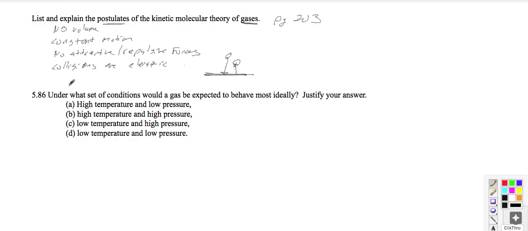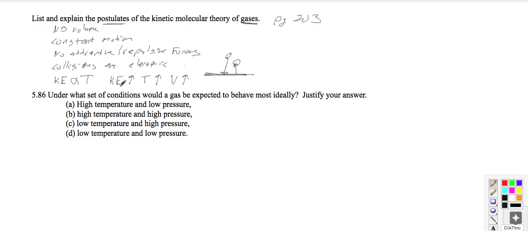All right, and the last one is that the kinetic energy is proportional to the temperature of the gas. So what this means is that if we increase that kinetic energy, it means that we're also increasing the temperature, and the speed of the gas molecules is also increasing.